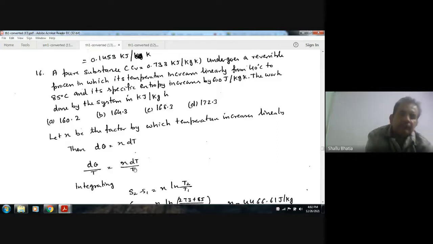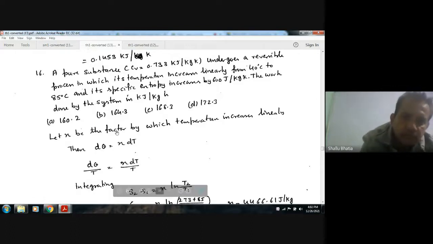The work done by the system in kilojoules per kilogram is, okay.